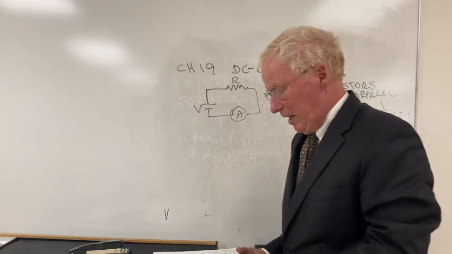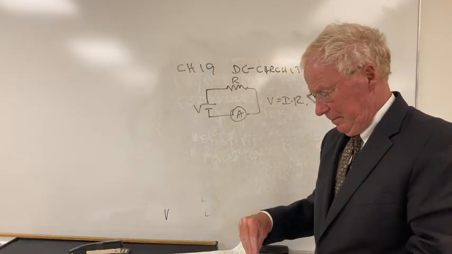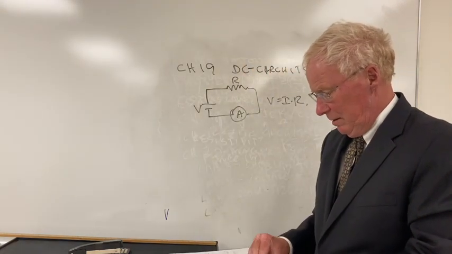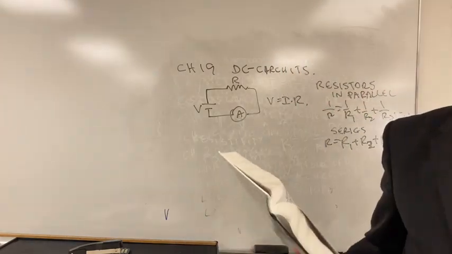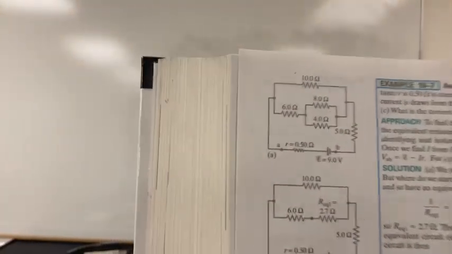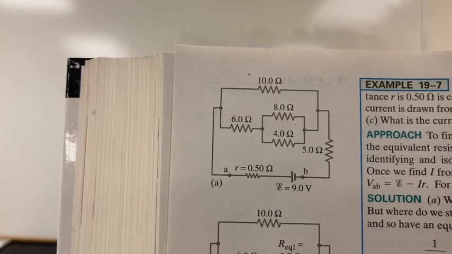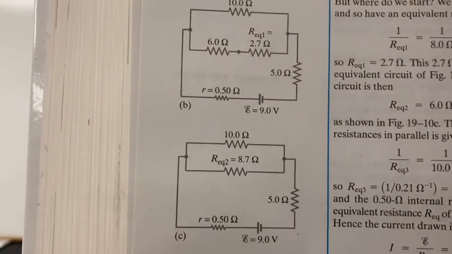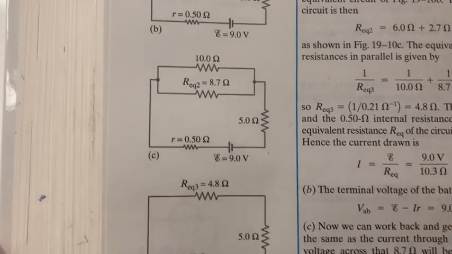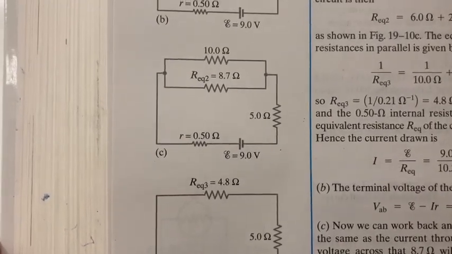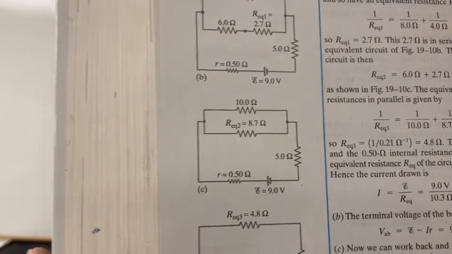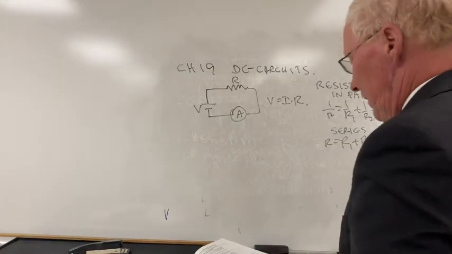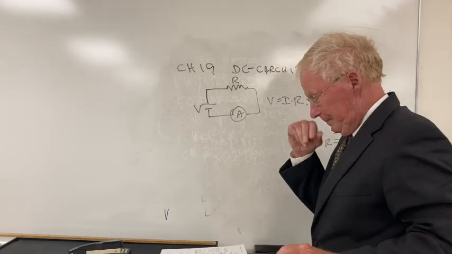Again, when we talk about combinations, such as this circuit for resistors, all right, it's step by step as I went through how to eventually get it to a single resistor. And like in this case. All right.